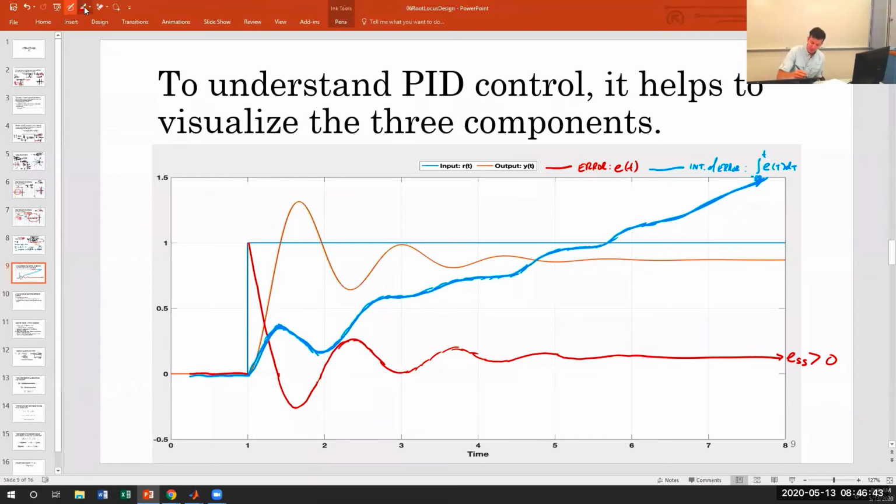So let's go to the third leg of the controller here, and let's talk about the derivative. So this is the derivative of the error, dE/dt. If the error is flat, the derivative of the error is 0.